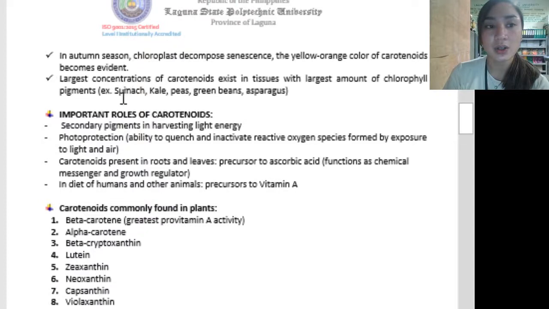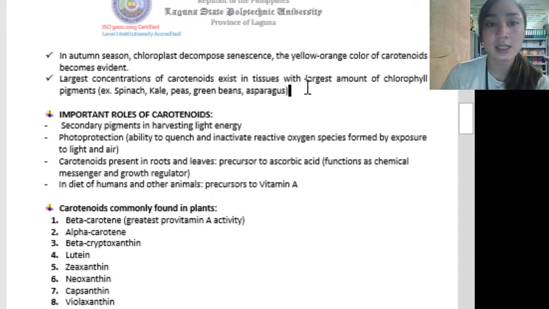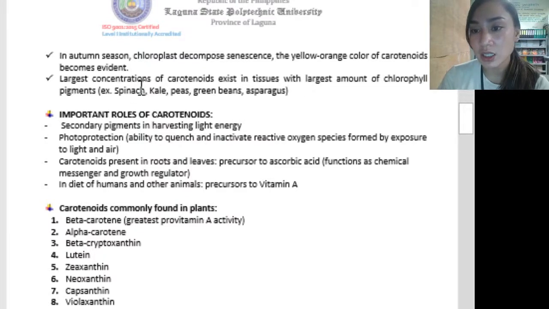Here, the largest concentrations of carotenoids exist in tissues with the largest amount of chlorophyll pigments. So the concentration of carotenoids is also high in plants with the largest amount of chlorophyll, such as spinach, kale, peas, green beans, and asparagus. We all know these are all green, right?